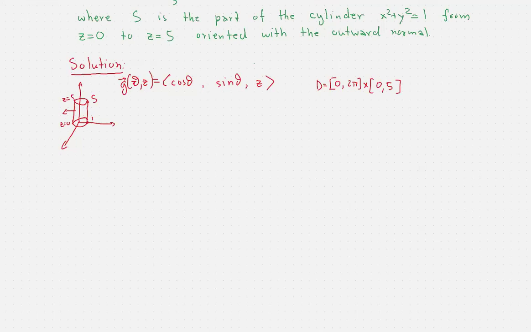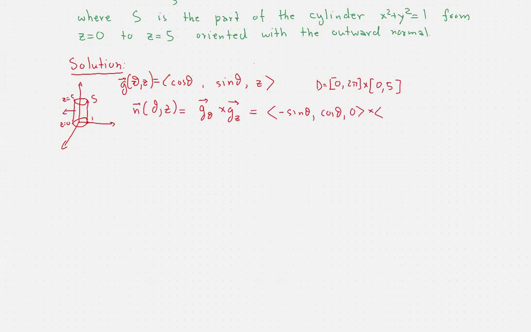Okay, let's take the normal vector. So this will be g sub theta cross g sub z. And this is negative sine theta, cosine theta, comma 0, cross with 0, 0, 1.